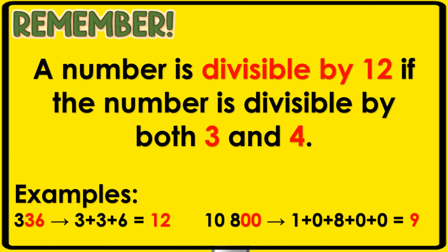It is also divisible by 3 because the sum of its digits is 9. 10,800 is divisible by both 3 and 4. So 10,800 is divisible by 12.